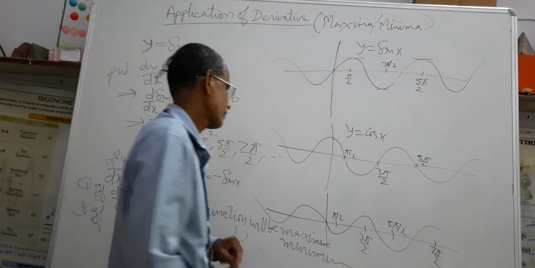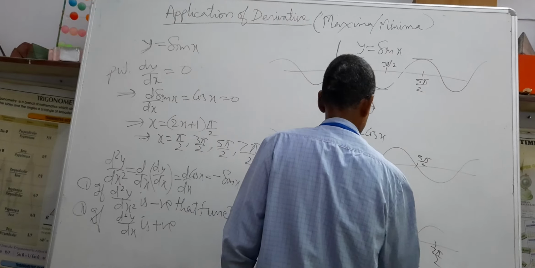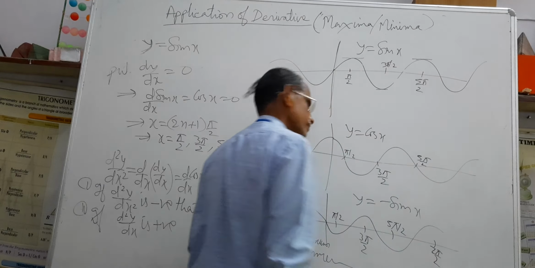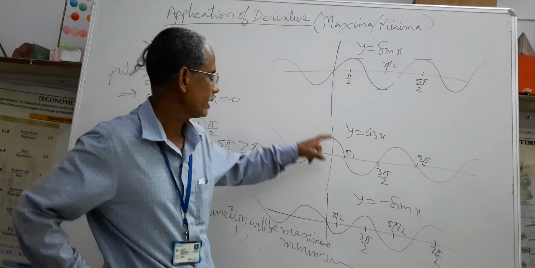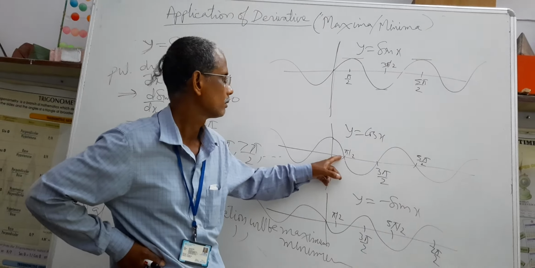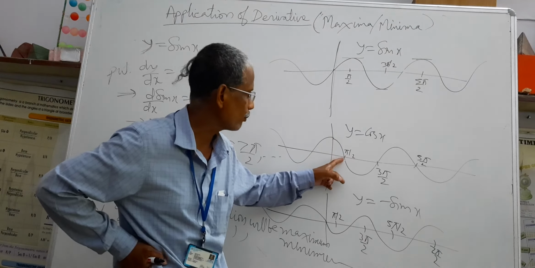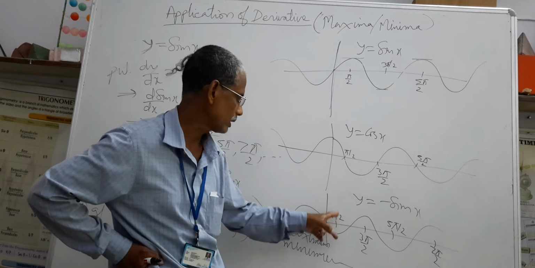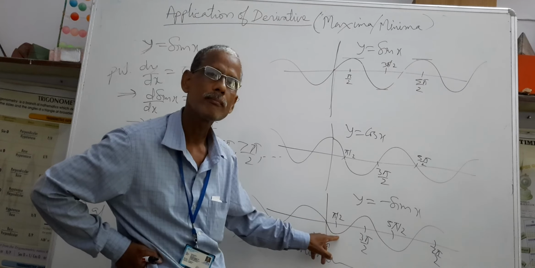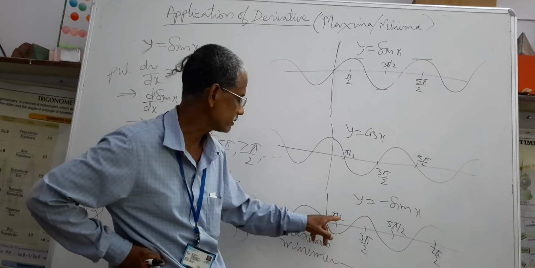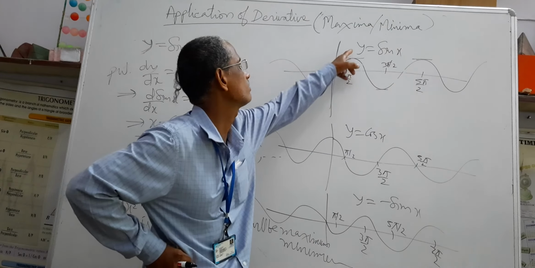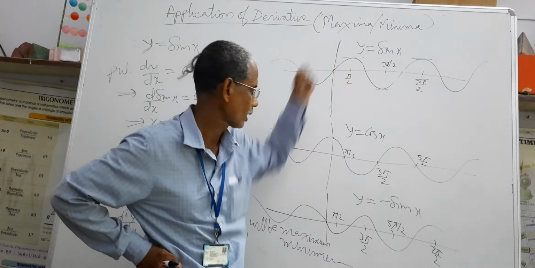Again see here, this is y is equal to minus sin x. At pi by 2, dy dx is 0, but at same point pi by 2, double derivative is negative. So therefore, at this point, clearly see that function gives maximum value.